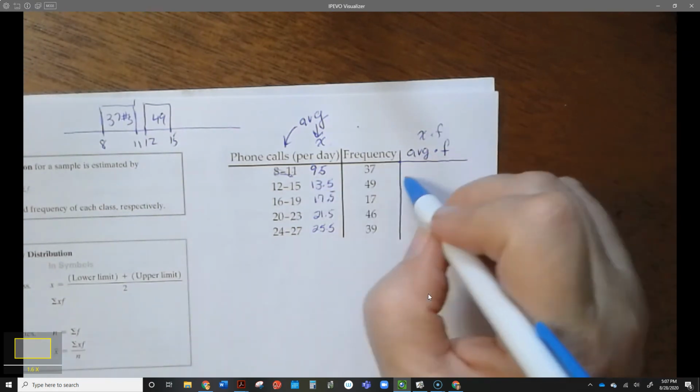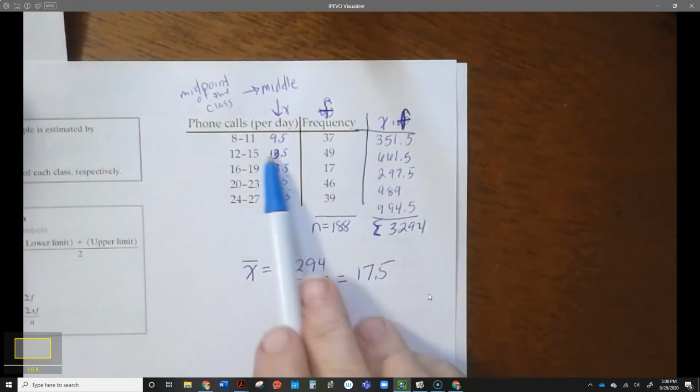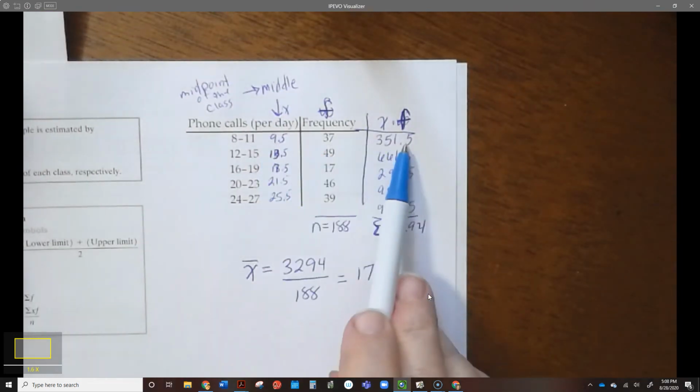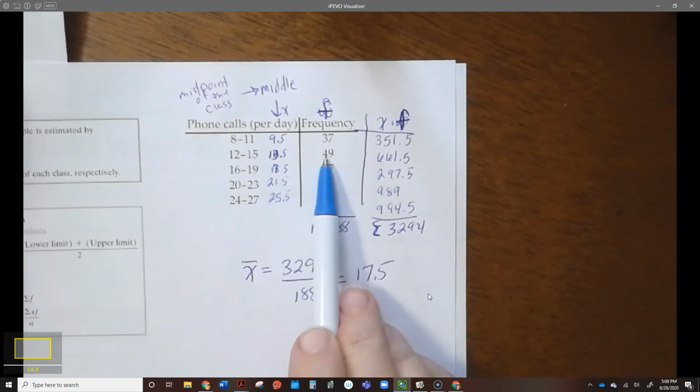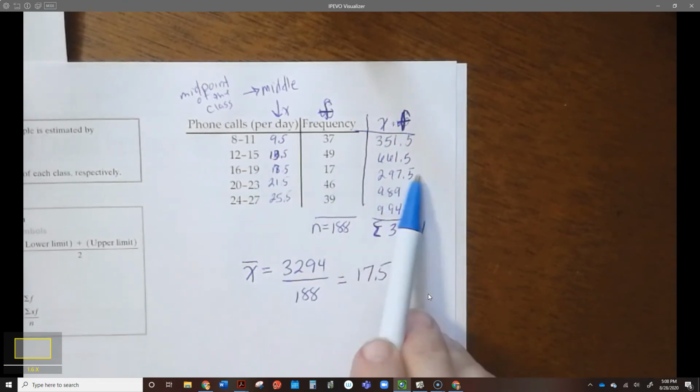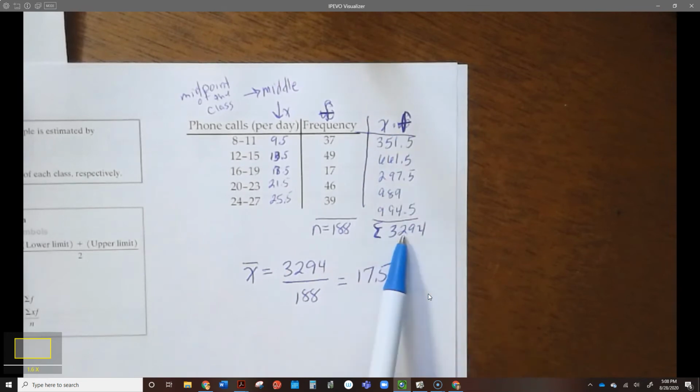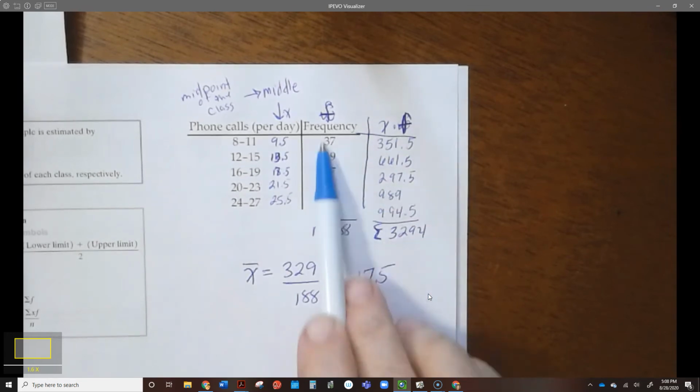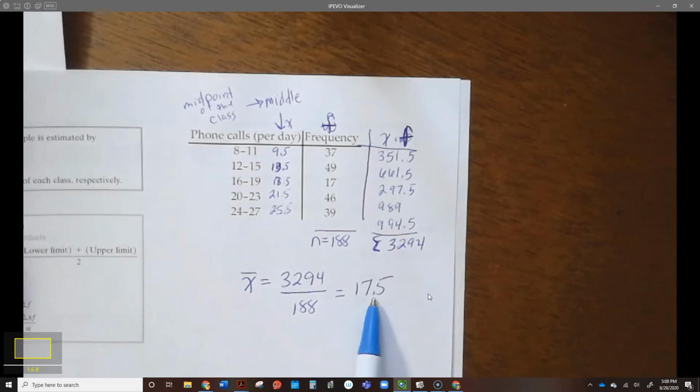And so you multiply those two together. I'm going to show you. I've already got it done. So you multiply 9.5 times 37, it comes out to be that, 13.5 times 49. And then you do the same thing. You find the sum of those, and you find the sum of these, and you divide it, okay?